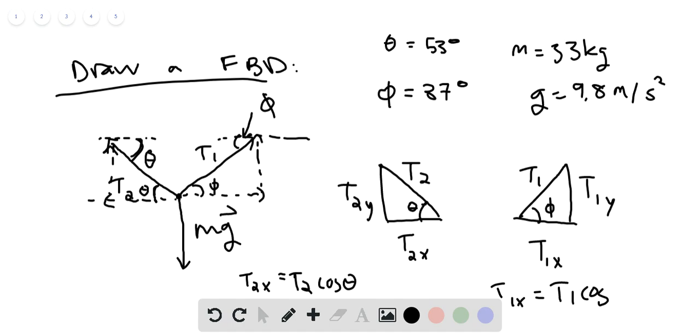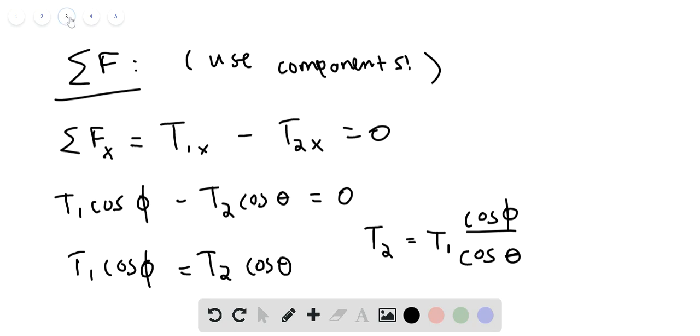That helps us to make this triangle, and once you've made this triangle, then you can split up the components with cosines and sines, and then start to do some calculations.